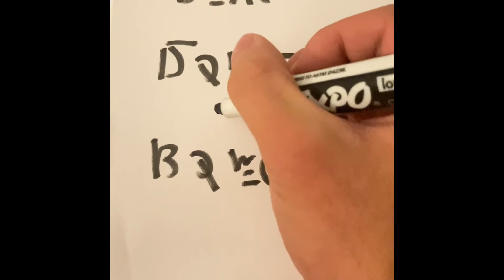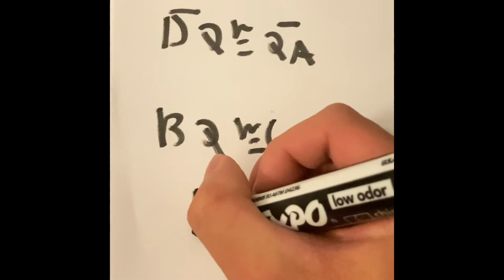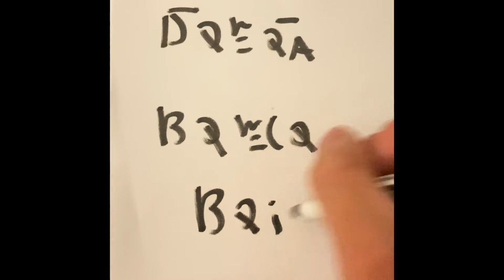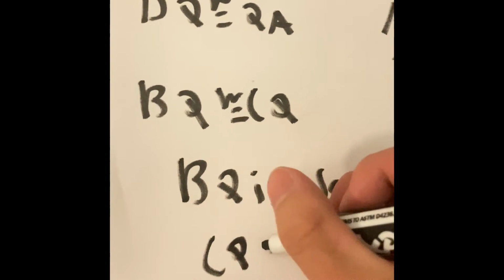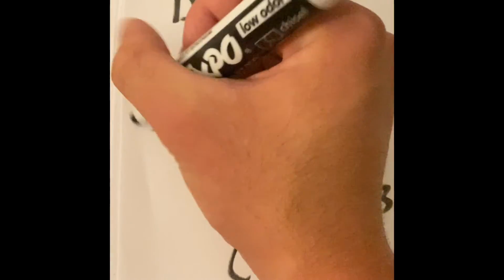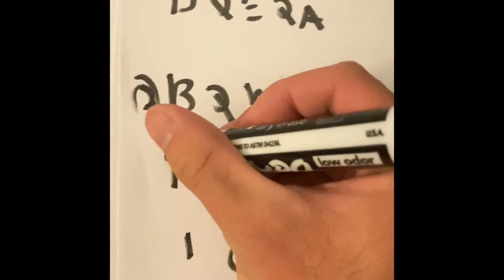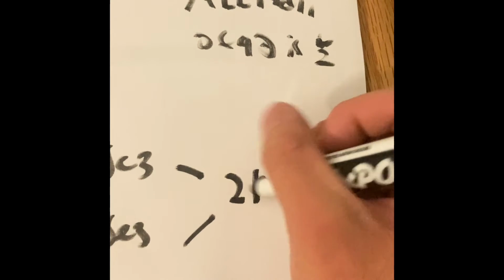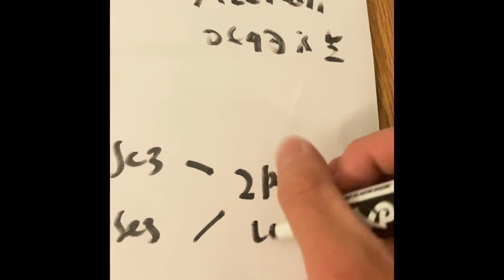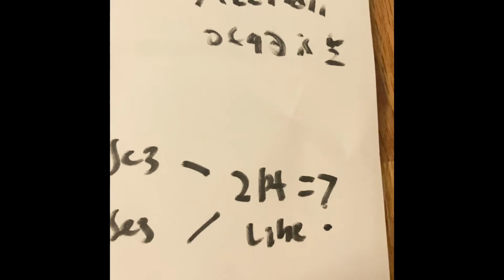But before we say that, we have to say that BQ is a segment. We also have to say that CQ is a segment. So this has to be number 2, and these have to be number 1 first. The reason why we can say that is that 2 points can bring you a line segment.